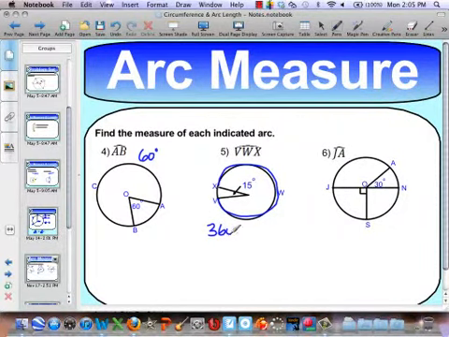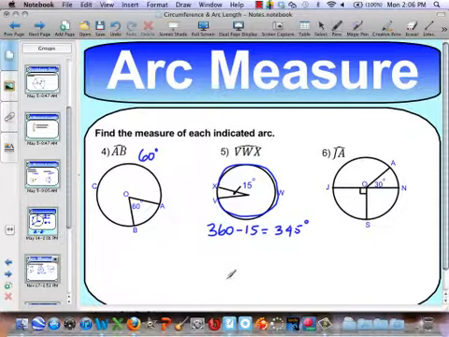Very good. So if we take 360 and subtract 15, 345 degrees. Good. Yes, Bree? Now, how come hers was 15? No, it's the arc. Oh, never mind. VWX. I had this other framework.